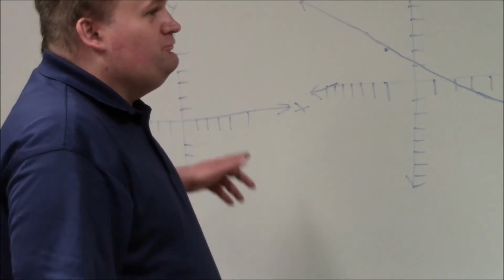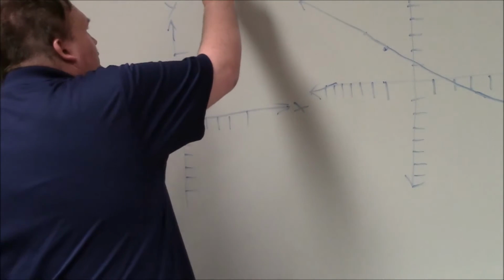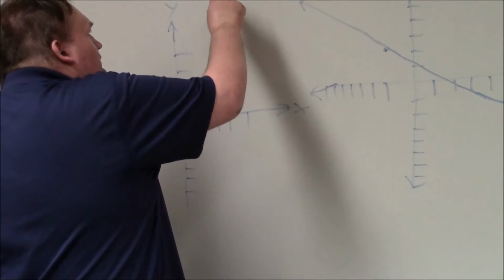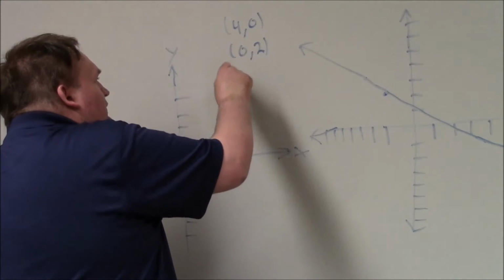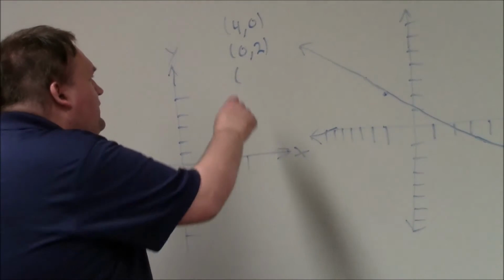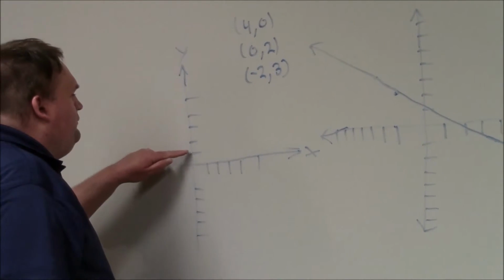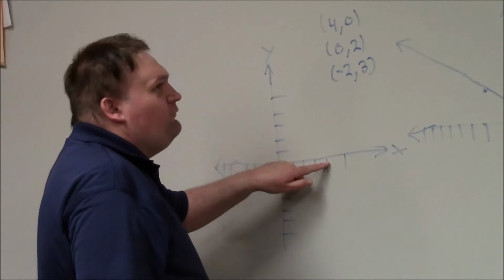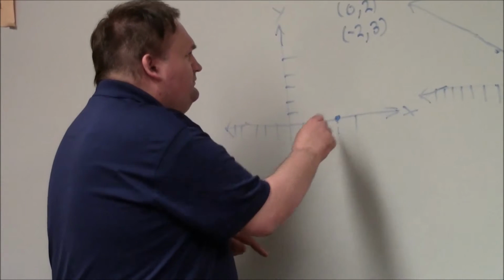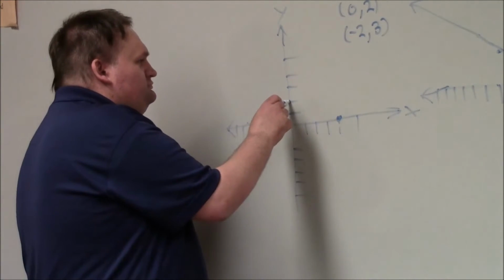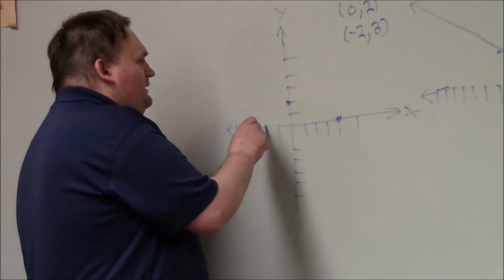And I'm just going to rewrite the points I'm going to use, which is (4, 0), (0, 2), and (-2, 3). So (4, 0), (0, 2), and (-2, 3).